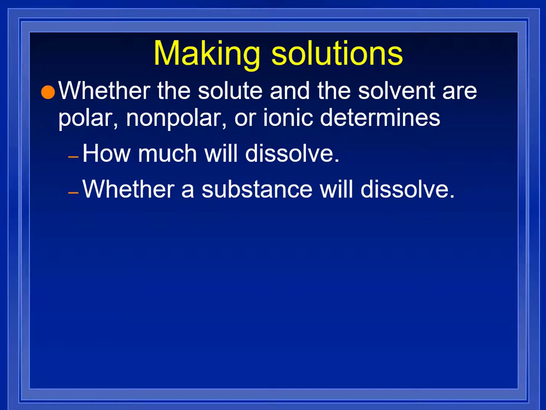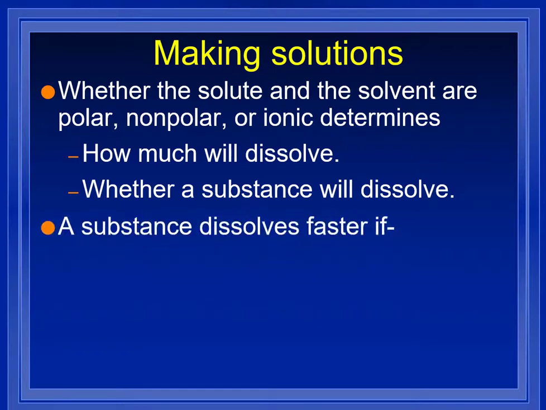So we can decide whether something is going to dissolve based on whether it's polar or nonpolar. A question that is unrelated to how much dissolves is how fast it dissolves.